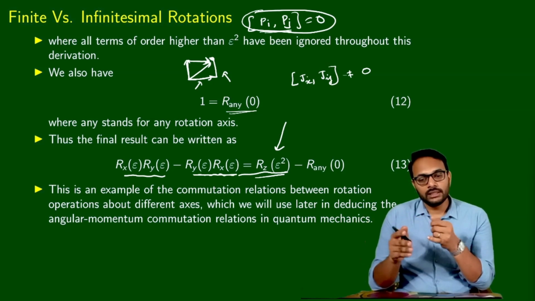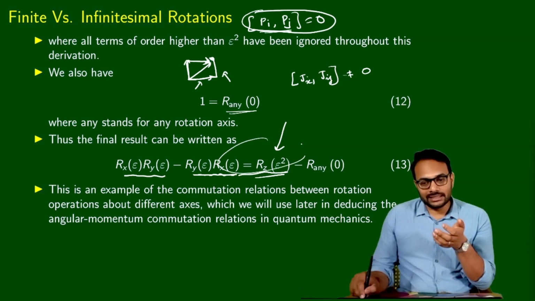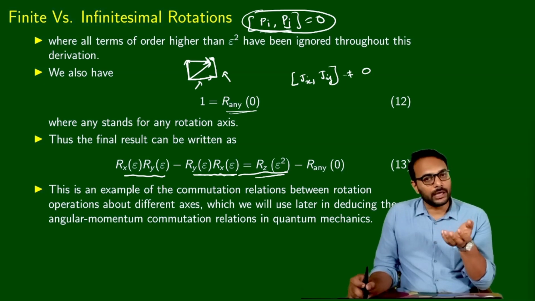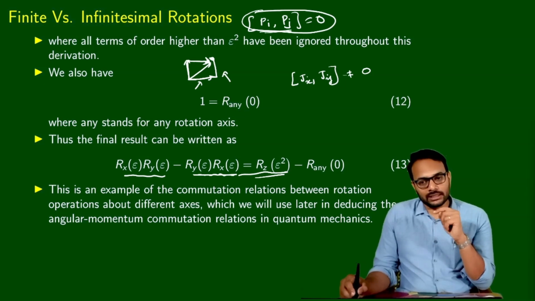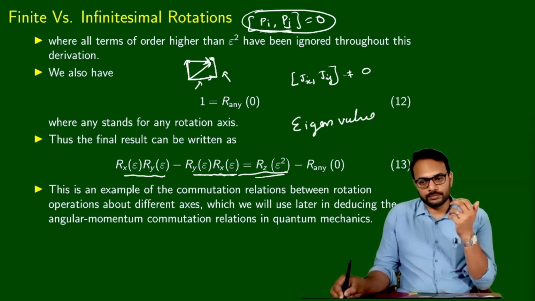So first we shall define the angular momentum operator as the generator of rotations. Then using this we shall find the commutation relations among components of angular momentum, and using those relations we are going to obtain the eigenvalue spectrum.